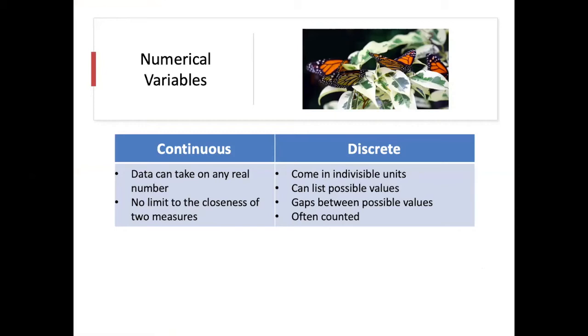Continuous numeric variables like body size can take on any real number, and there's no limit to the closeness of any two measurements. Whereas with discrete numeric variables, we can list the possible values. There are gaps between these possible values for which we can't have any values. In most cases, discrete numeric variables are things that we count.